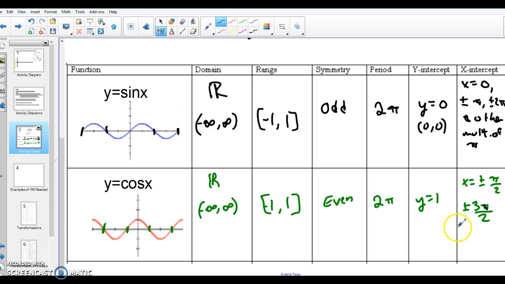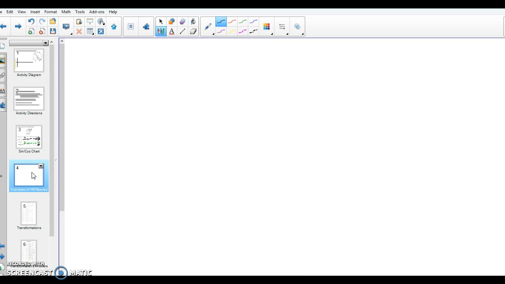And then for cosine, it would be the other non-reducible half pi's. So 5 pi over 2, 7 pi over 2, the ones that would not reduce to be an even multiple of pi.